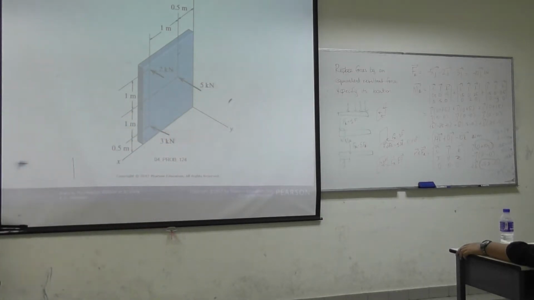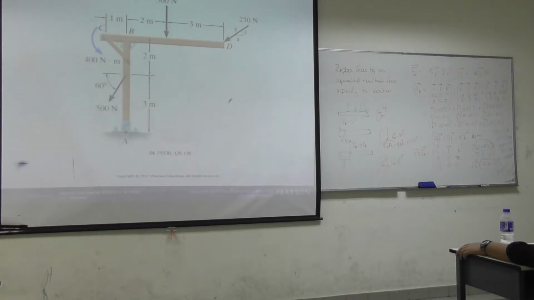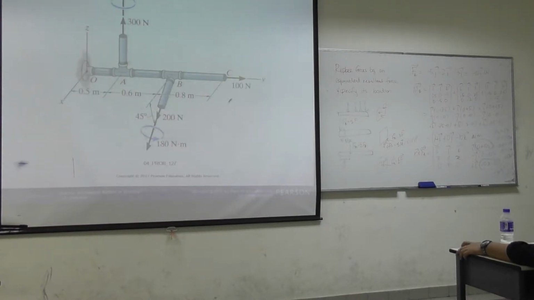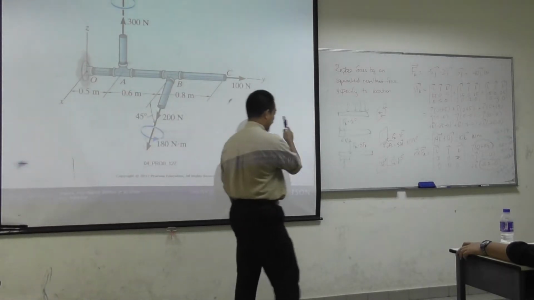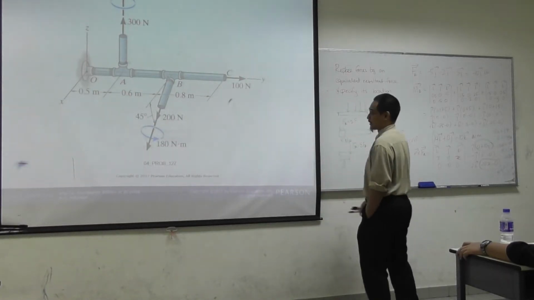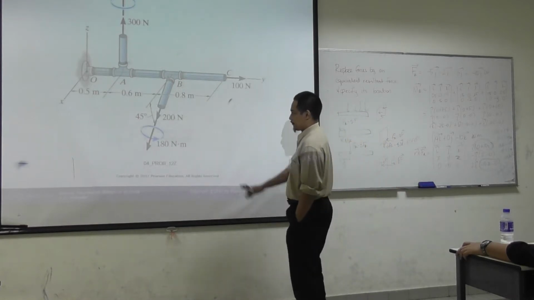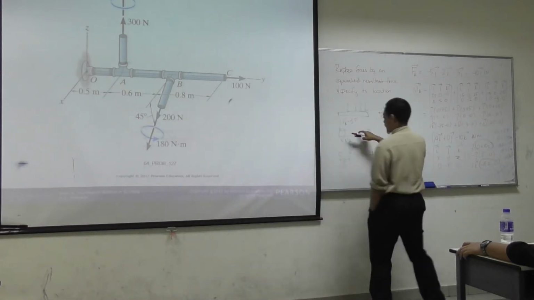Alright, so if you understand this, we can take a look at an example. Okay, this is an example of a 3D, but it is kind of different in terms of the diagram, but the idea is exactly the same. Right? However, in this question, we just go into this step.